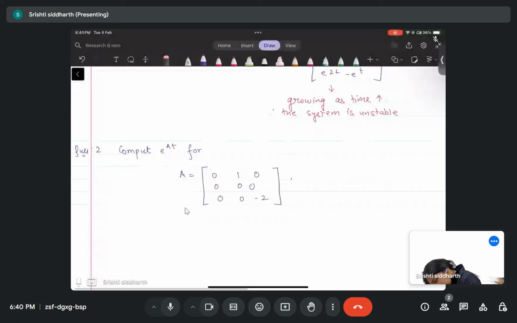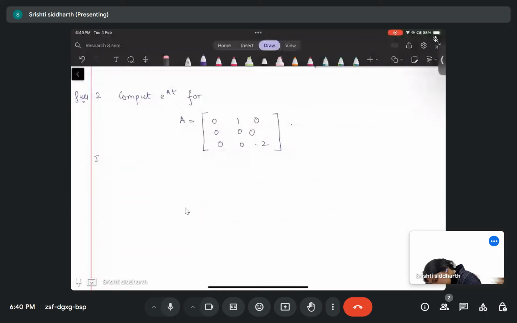So the system x dot of t equals A x of t, asymptotically stable. Stability in the sense of Lyapunov.